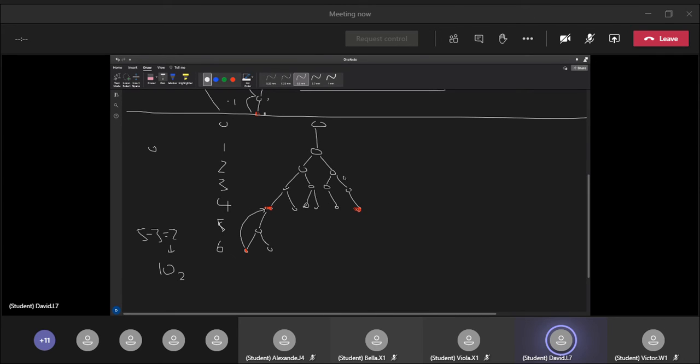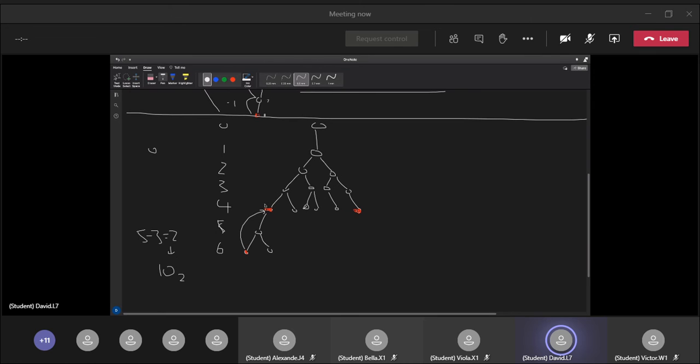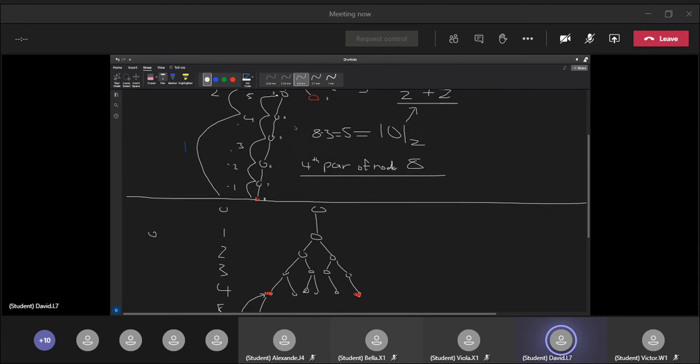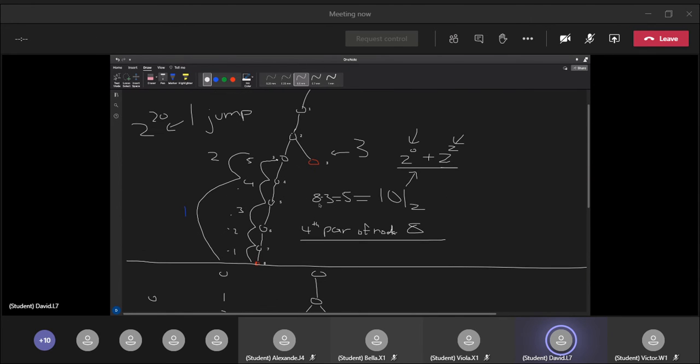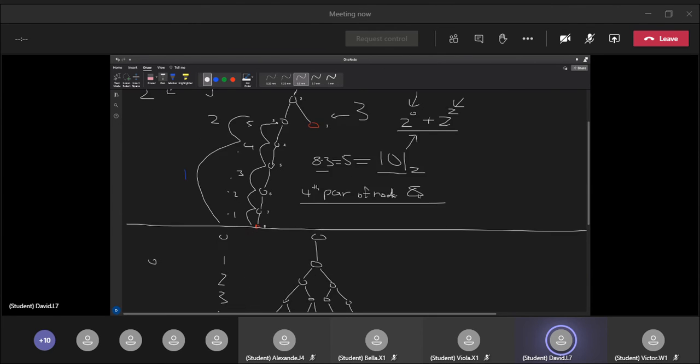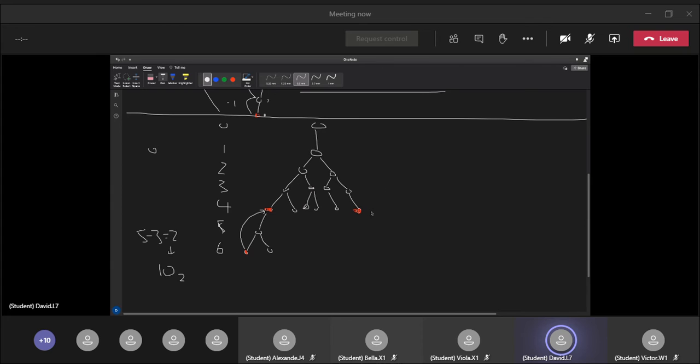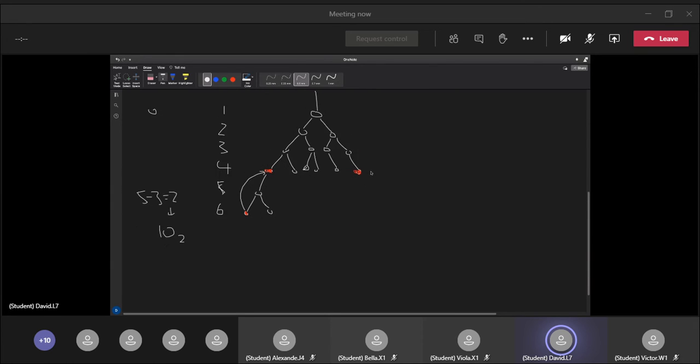So basically, now comes the question, how do we know how much to jump, right? Previously, we just looked at the difference between the two depths, turned it into binary, and that's how we knew how to jump. But here, we don't know what the depth of our LCA is, so we can't do that.